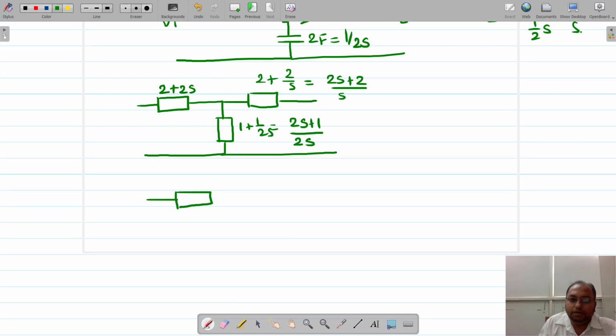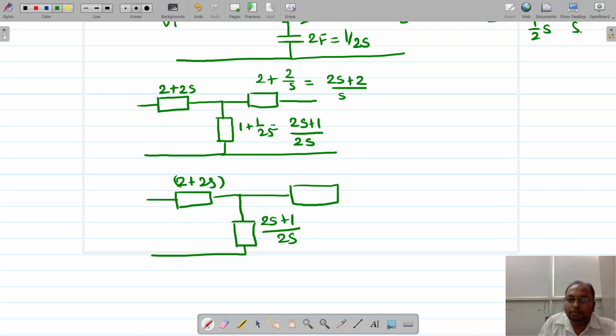Therefore it is nothing but 2 plus 2S, this is nothing but twice S plus 1 divided by twice S, and this one is nothing but twice S plus 2 divided by S. Is it fine?